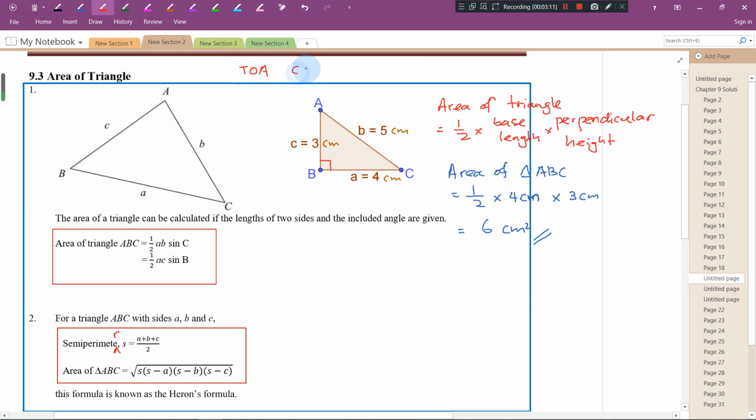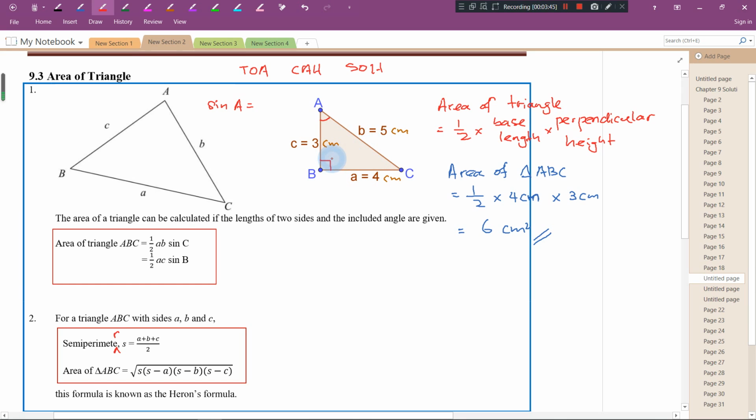SOH CAH TOA. I hope that you still remember. Tangent is equal to opposite side divided by the adjacent side. Cosine is equal to adjacent side divided by the hypotenuse. And sine is equal to opposite side divided by the hypotenuse. Now we are looking for sine A. If the angle is over here, this is the opposite side, this is the adjacent side, and this is the hypotenuse.